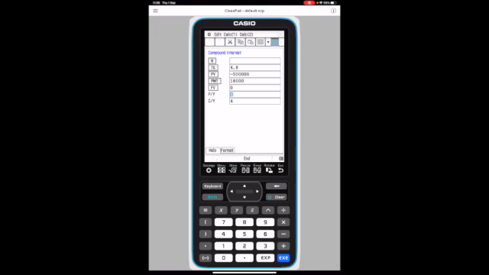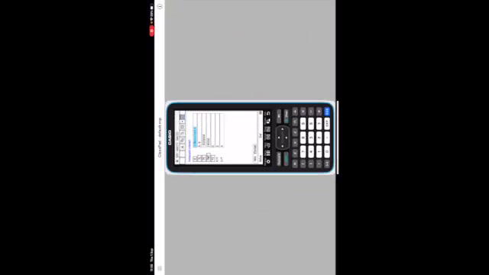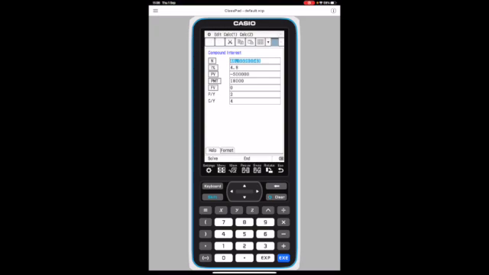Future value is 0, PY is 2. The number of compounding periods is 4. So we solve for N, and N is now 46.5557. All right, we can go back and answer the question.